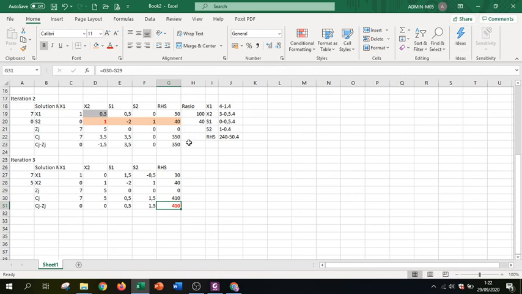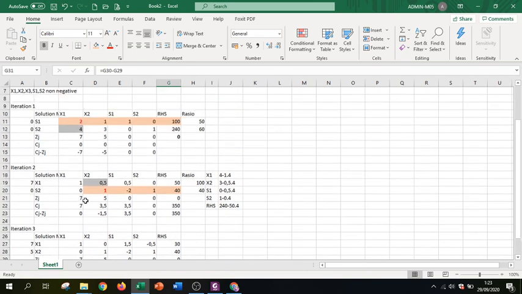Okay, I think that's enough about the step by step for the simplex method. Yeah, we stop iterating if we find all of this value is positive. If we still find a negative value in this row, we must do the next iteration.